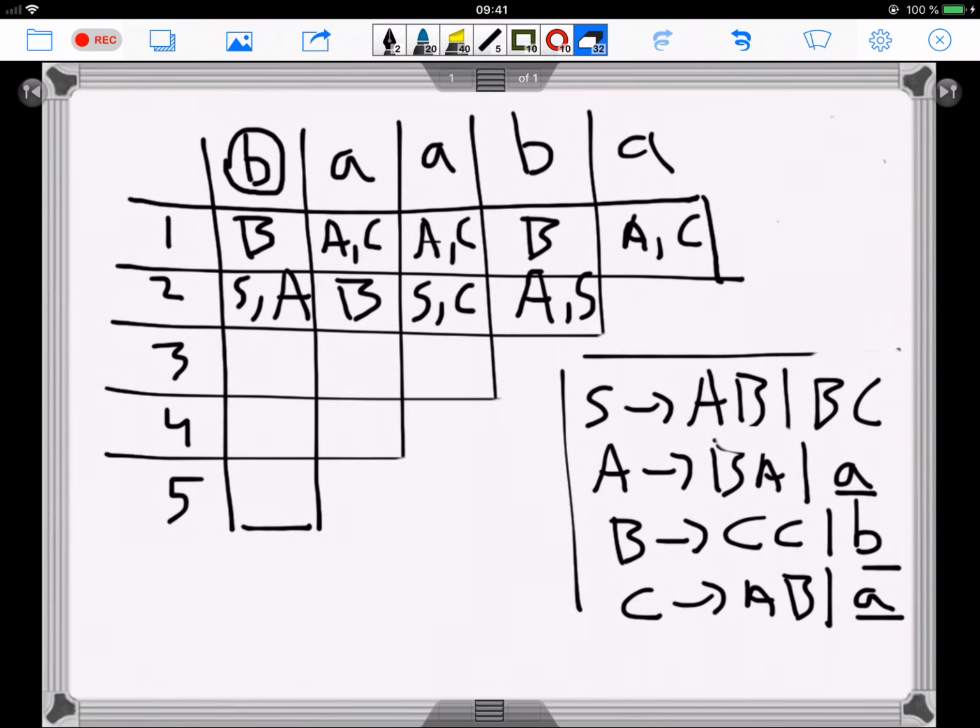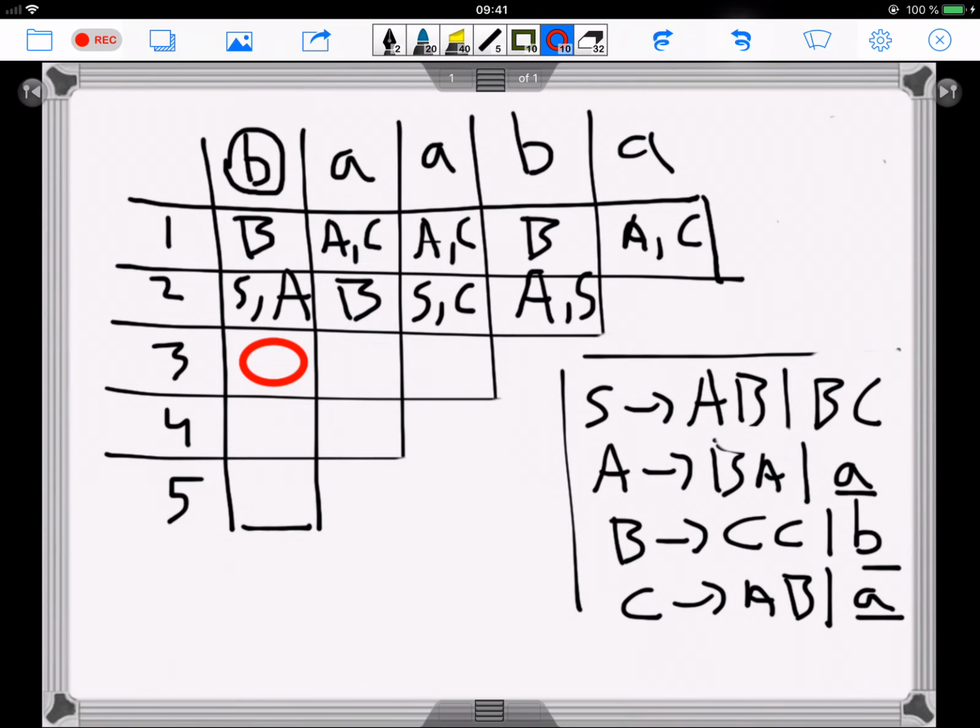In the third row, we have to consider for this cell first this cell together with that cell, and we would need variables that generate BB, but there are no variables generating BB.